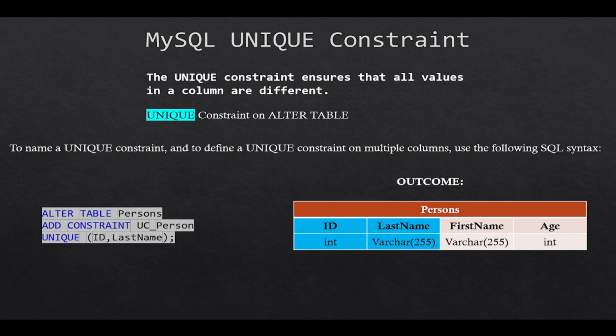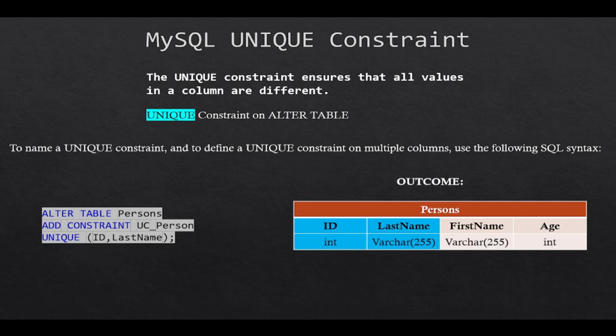The constraint is a unique constraint that applies to the combination of the ID and last name columns. This unique constraint ensures that each combination of values in the ID and last name columns is unique, preventing duplicate data from being entered into these columns. Overall, this SQL code modifies the table structure by adding a new constraint to an existing table.